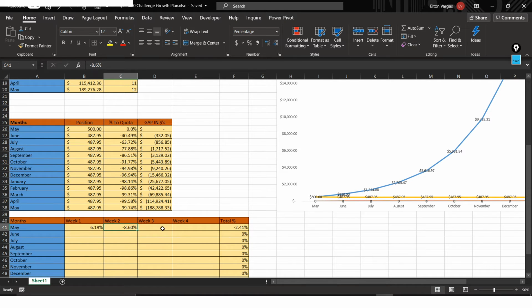But again, this number doesn't make any sense, because there we go. I'm actually negative 3.1%. Sorry, I'm negative 3.1%.